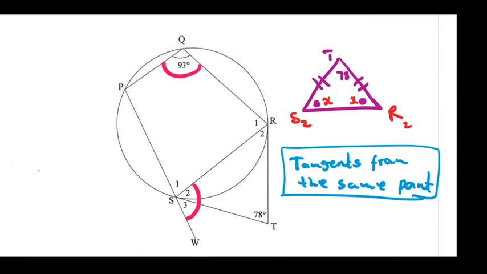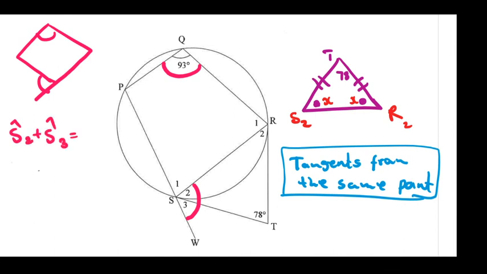Why am I saying that? Remember the exterior angle of a quad, this angle being equal to that angle, right? So the same applies here. So we're just gonna say angle S2 plus angle S3 gives us angle Q, right?